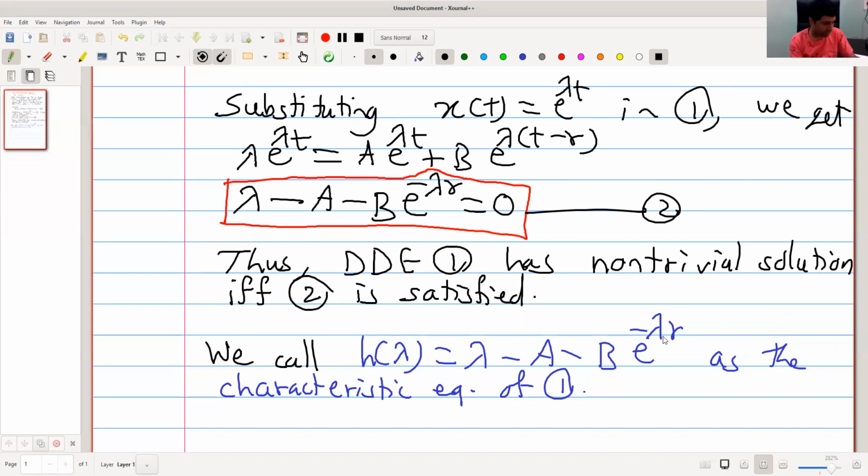Let us see some important results regarding the characteristic polynomial. There is a very important result about the position of eigenvalues.